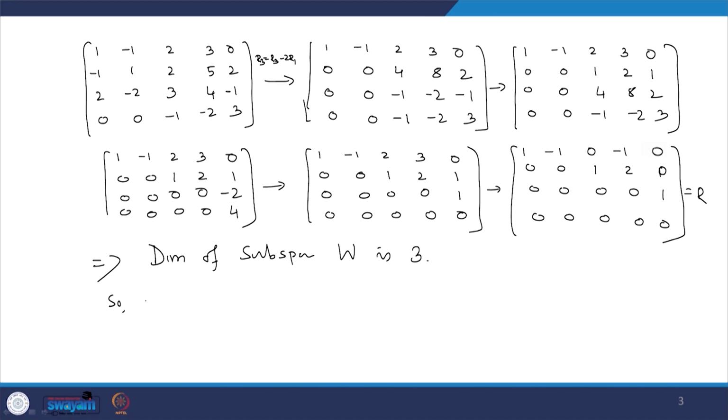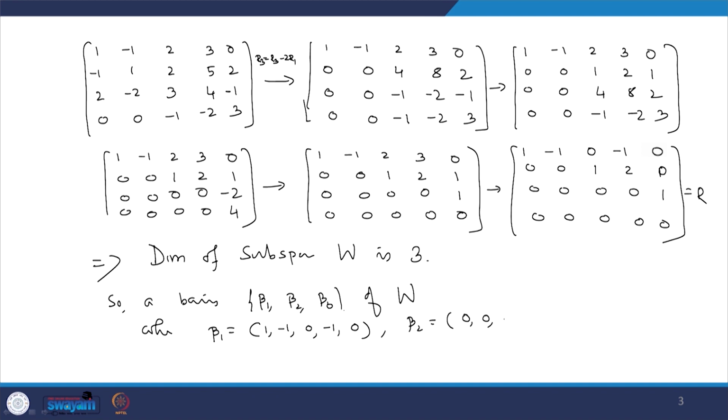So, we have a basis consisting of beta 1, beta 2 and beta 3 of W, where beta 1 I can consider as 1, minus 1, 0, minus 1, 0, beta 2 as 0, 0, 1, 2, 0, and beta 3 is equal to 0, 0, 0, 0 and 1. Okay, so I have basically a basis for the subspace W.